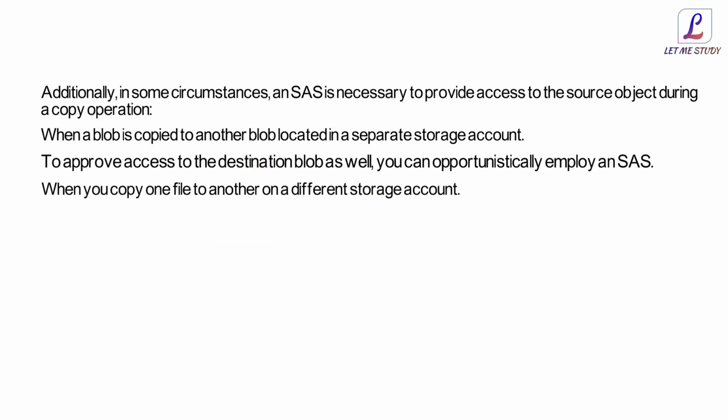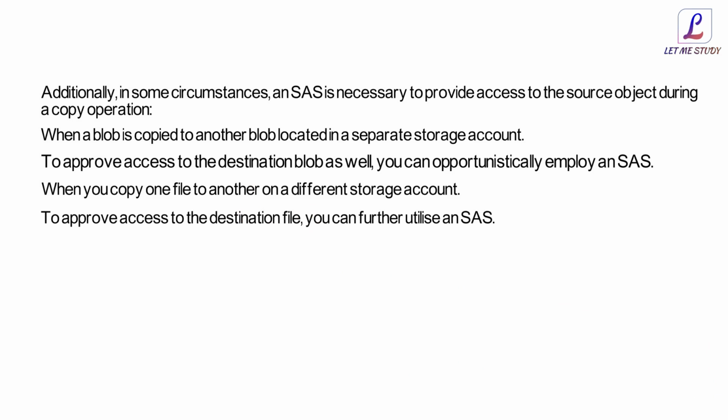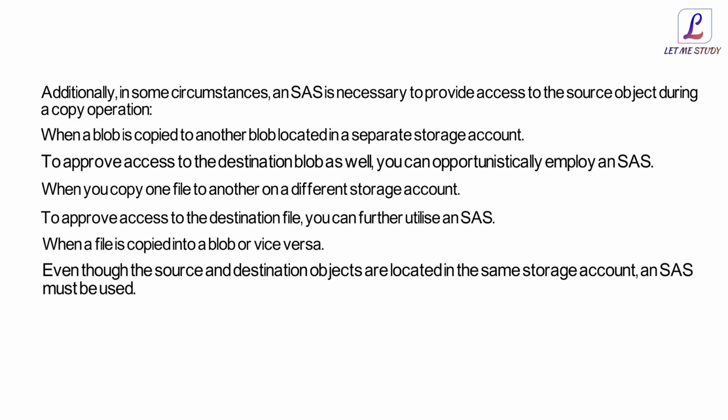When you copy one file to another on a different storage account, you can further use a SAS to approve access to the source file. When a file is copied into a blob or vice versa, a SAS must be used even though the source and destination objects are located in the same storage account.